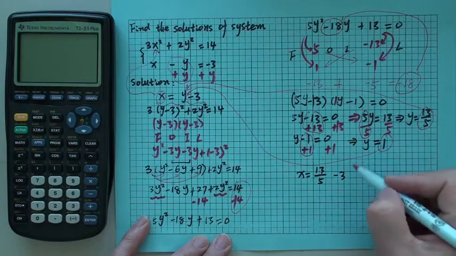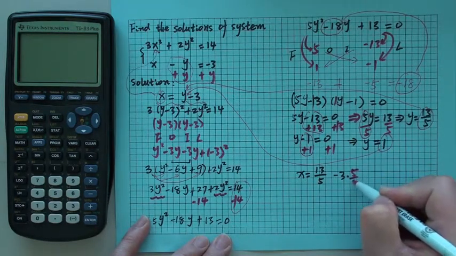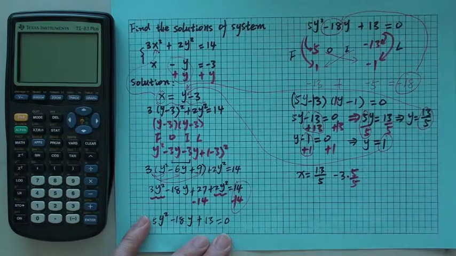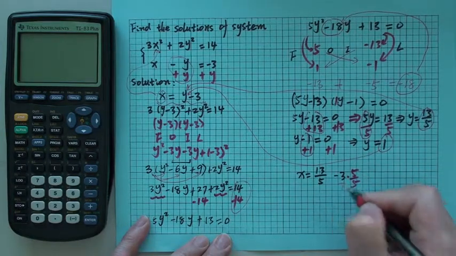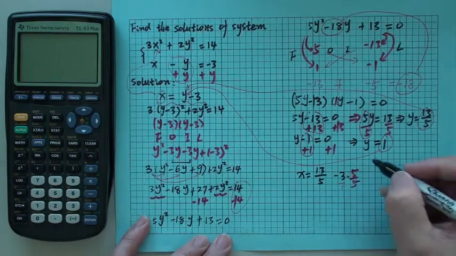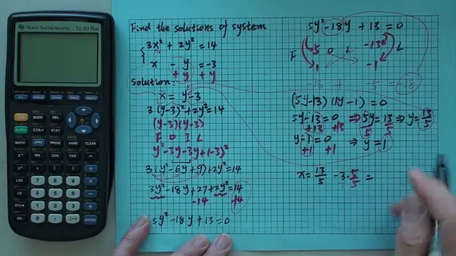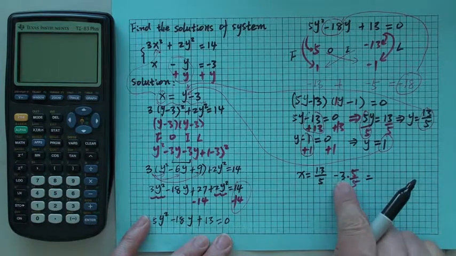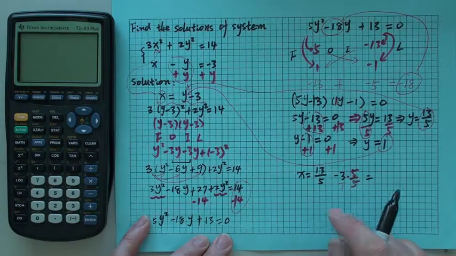Downstairs, 3 is actually 3 over 1, so both numerator and denominator are multiplied by 5. Then we have 13 minus 15, since 3 times 5 is 15.